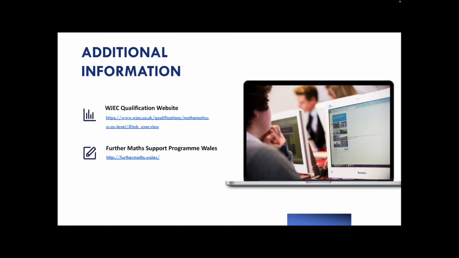The Further Maths Support Network: in addition to offering A-level maths, you can also opt to do further maths. That's a subject that is taught off-site and is done purely on an online basis. You'll meet up with tutors and will be taught the course purely in an online context. There's some more information about the Further Maths Support Network that can be found by clicking on the second link there.